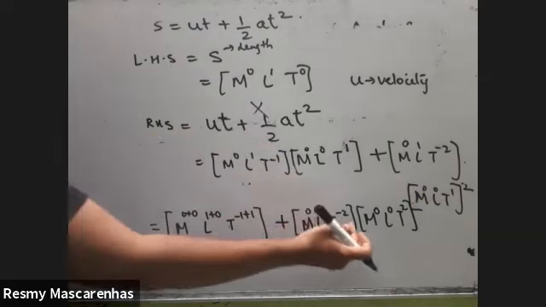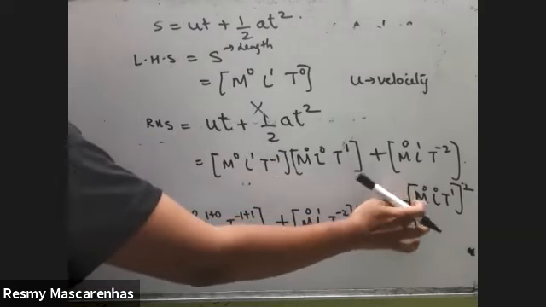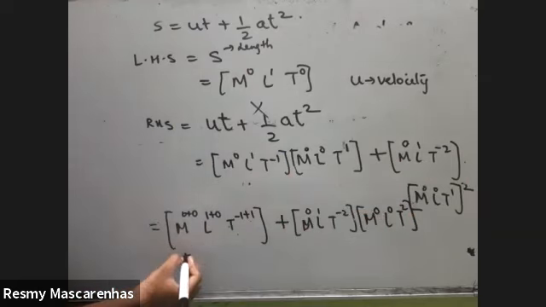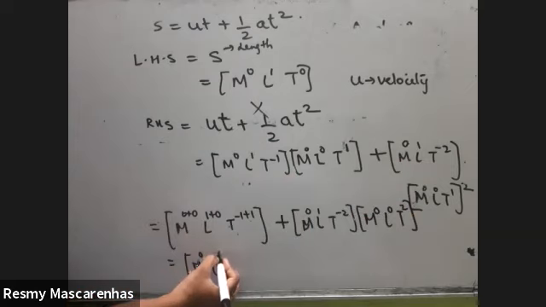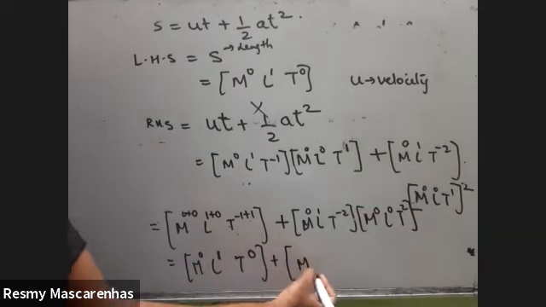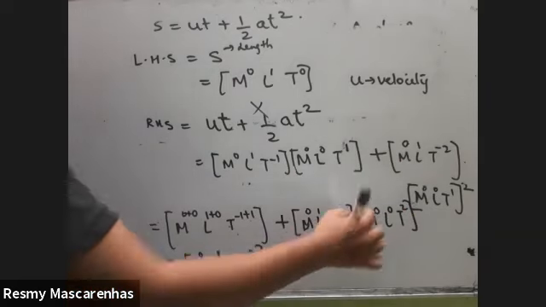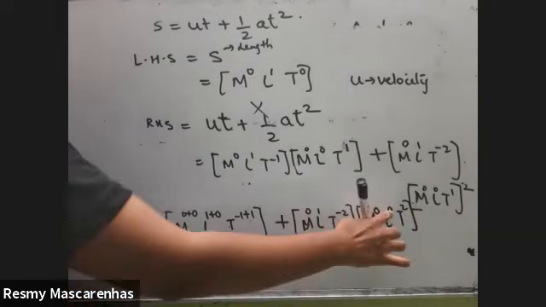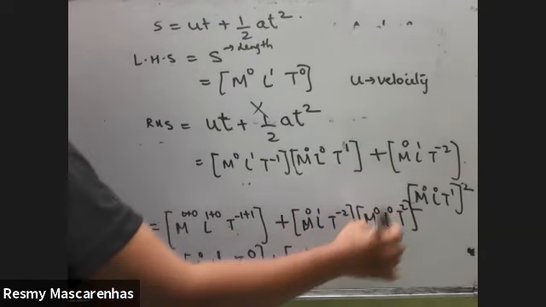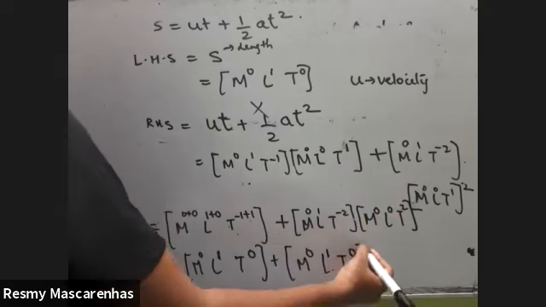Now there's a multiplication sign. There's no power left now, you gave the power already inside. Now you can add the power. This is 0, 1 plus 0, T will be 0. 0 plus 0 will be 0, 1 plus 0 will be 1, and minus 2 plus 2 will give me 0.